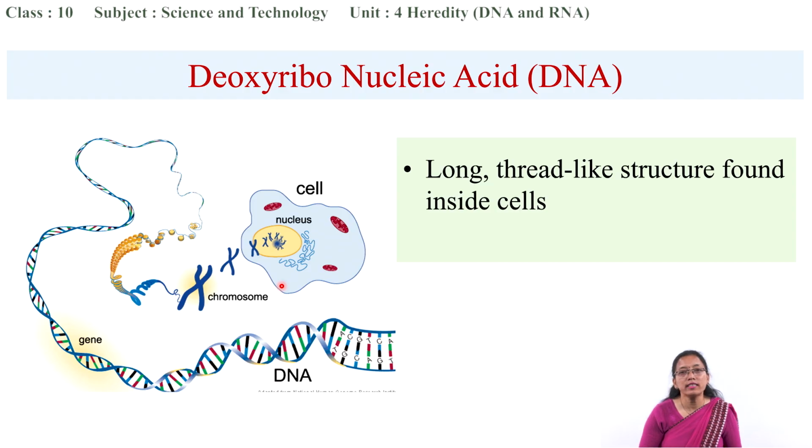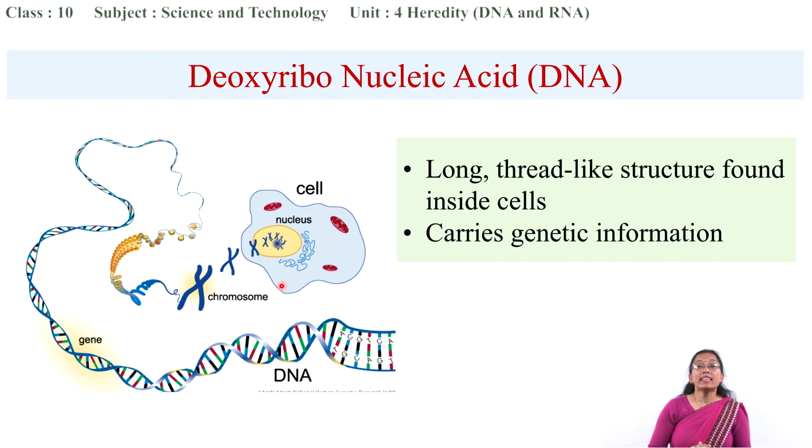That is called DNA. It carries genetic information. Already you know that it is a genetic material, so it carries the genetic information from one generation to another generation, and it represents the characteristics of the organism.